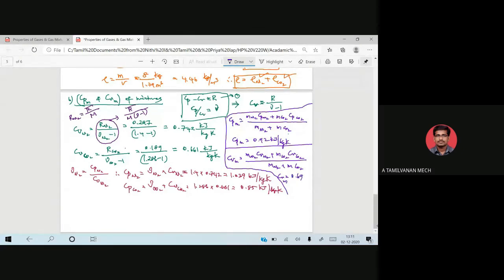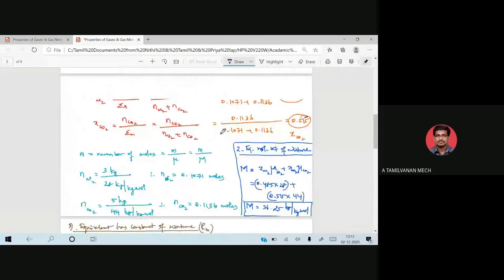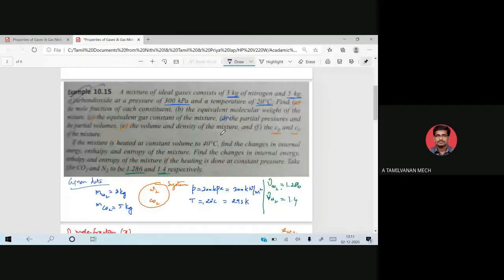So here you find the Cp of the mixture and the Cv of the mixture. Up to this point, we have calculated all the parameters of the first part. The first part of the question is over.